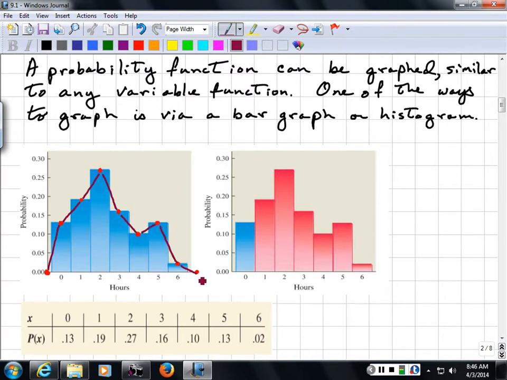But in order for a frequency polygon to work, you have to come to the left of your first bar and to the right of your last bar. But that's what it looks like. Okay? And basically this right here represents the event and its probability.